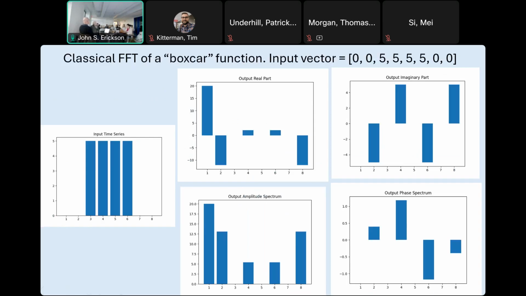Is there a question back there? Yes, I'm not sure I understand the encoding of the input where there's 8 values in 3 qubits. I know 2 to the 3 is 8, but how exactly does that get put into 3 qubits? Well, it's put in as 101.